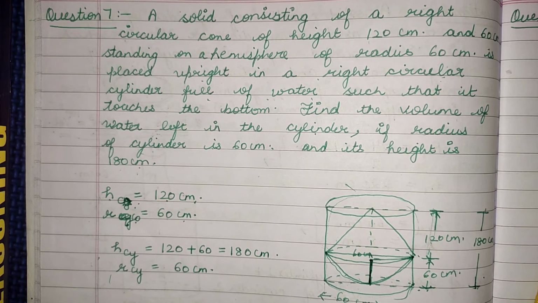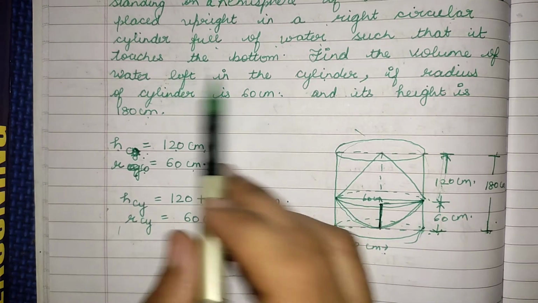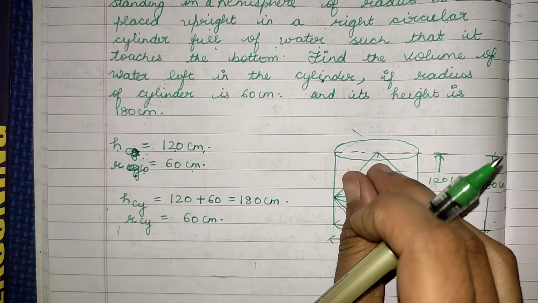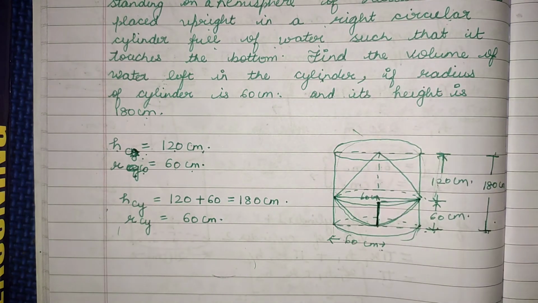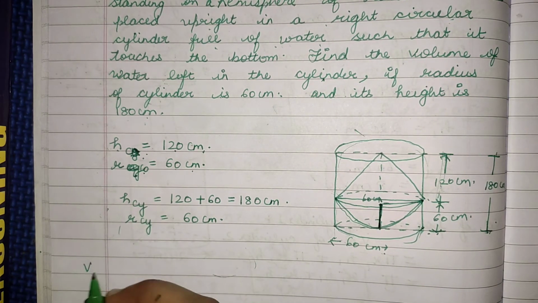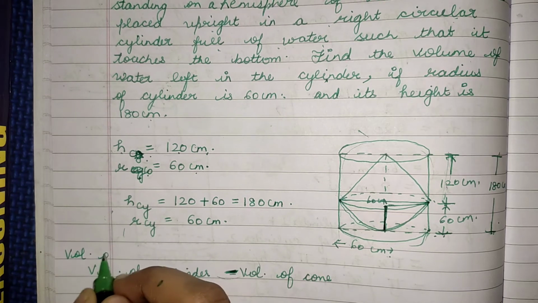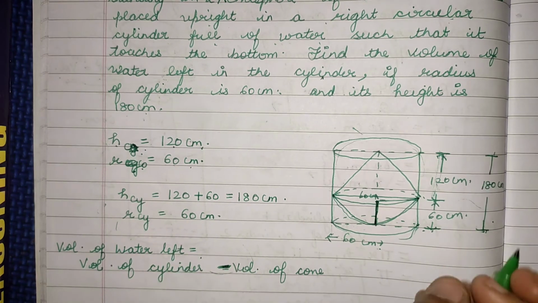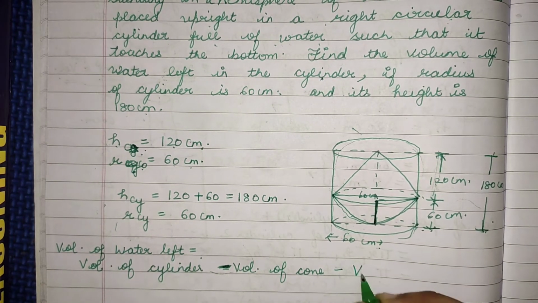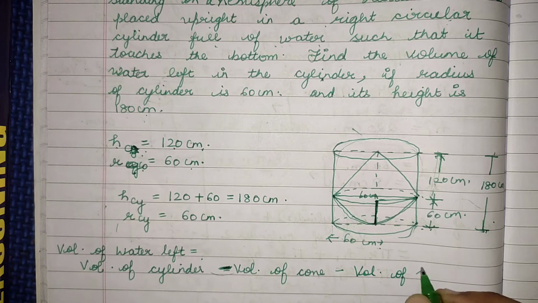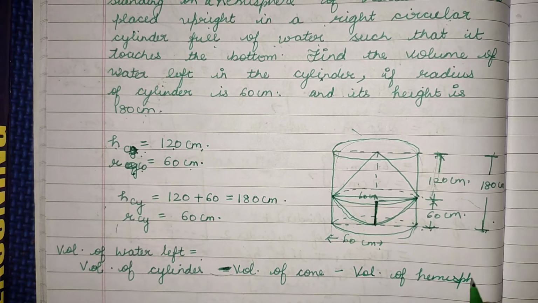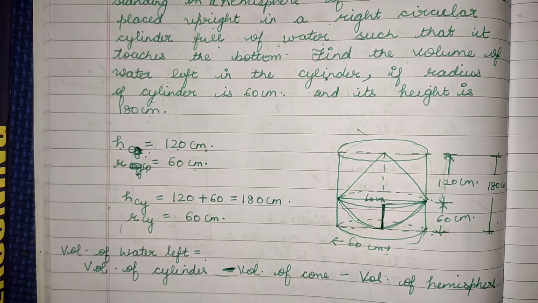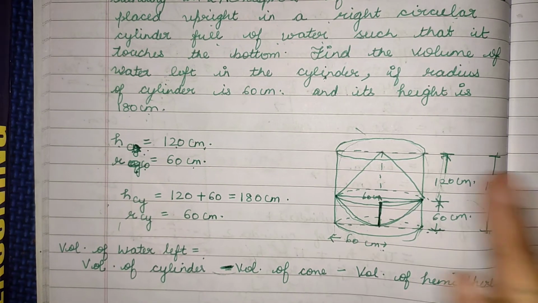So we have to find the volume of the water left in the cylinder. Water left in the cylinder means, if the cone is not there, then what would be the volume of the figure? So how can we find it? Volume of the water left will be equal to the volume of the cylinder minus the volume of the cone and the volume of the hemisphere, because the question is about the remaining water inside the figure.